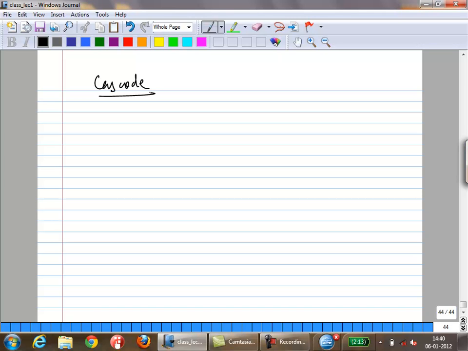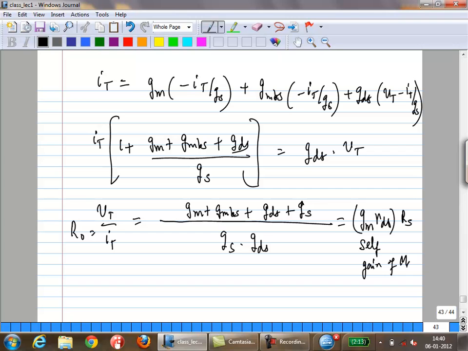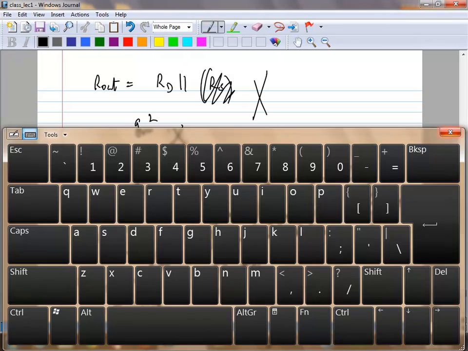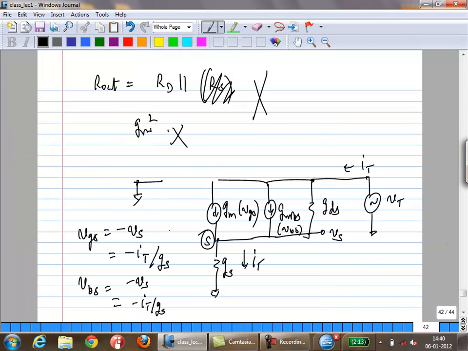Yes? To the circuit or to the diagram? Here. This one, the small signal model. Okay, sorry. You're right, I have neglected that because I have assumed, okay, I should have mentioned it.